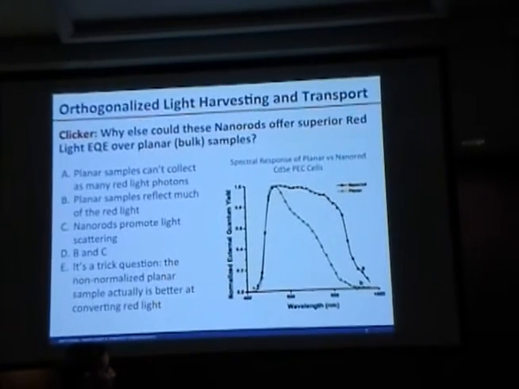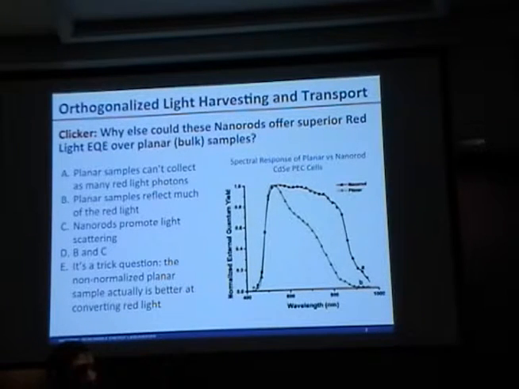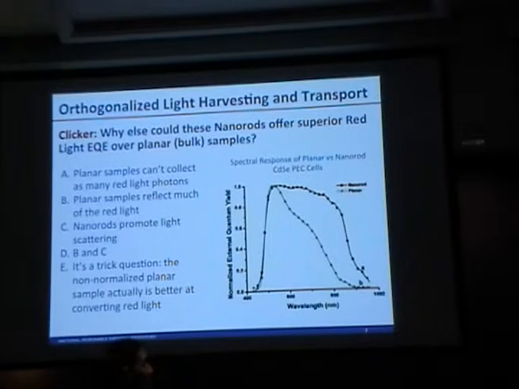Second might be that the planar sample, simply because it is planar, reflects too much light. The nanorods might promote something called light scattering. Could be both of those. Or, I may be giving you a trick question, the non-normalized planar sample might actually be better than the nanomaterial. So why don't you all talk to your neighbor for 30 seconds or so. Let me know what you think, and we'll come back here.